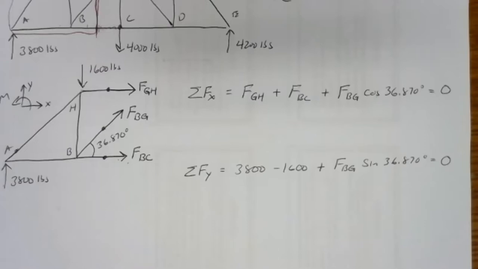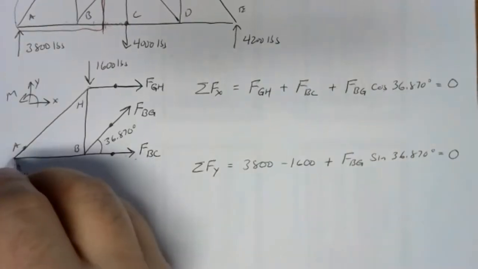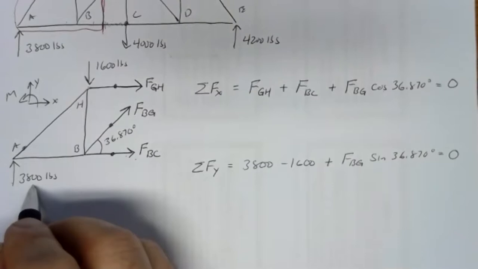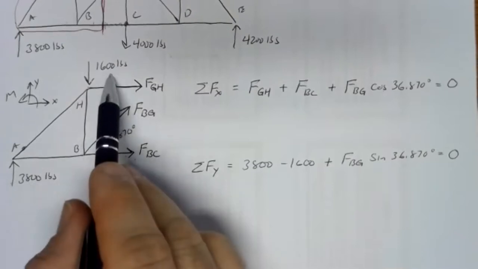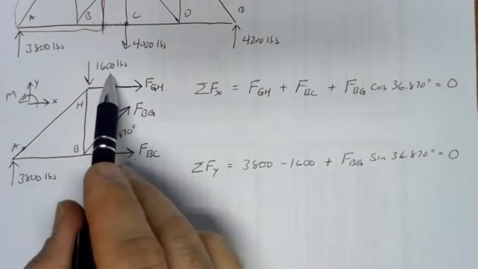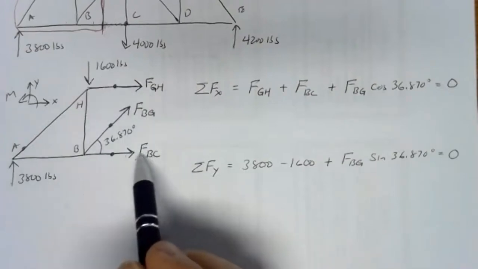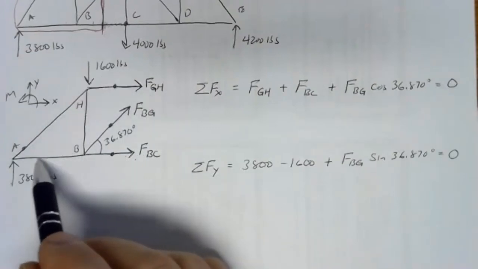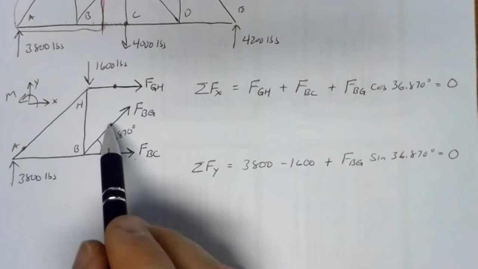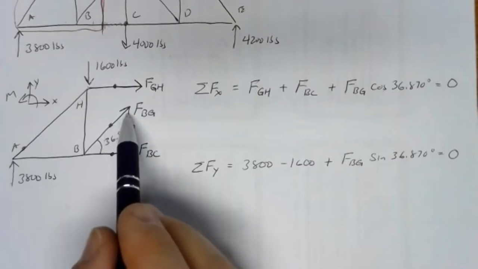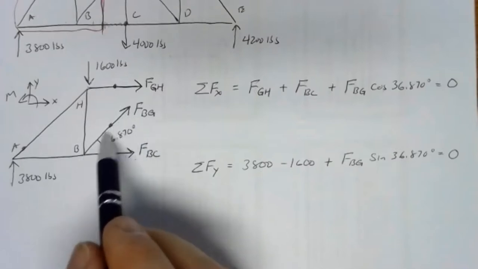The instinct you'd probably have at this point would be to pick point A. But point A is not a great pivot point. If we picked point A, we'd definitely knock out that 3,800 pound force, but we'd have a moment due to the 1,600 pounds. We wouldn't have a moment due to FBC since its line of action goes through A, but we would have a moment from FBG, which is going to be weird because that's at an angle.